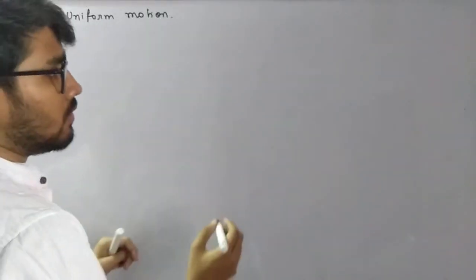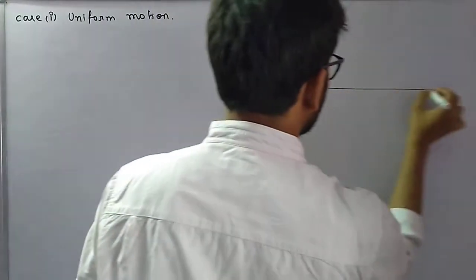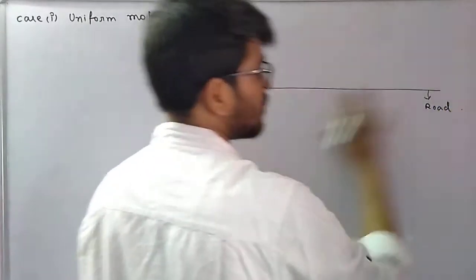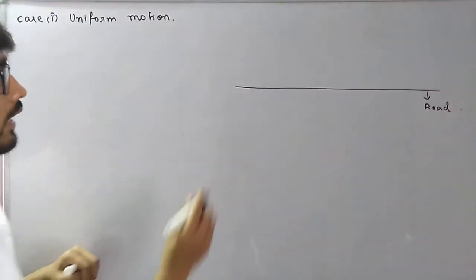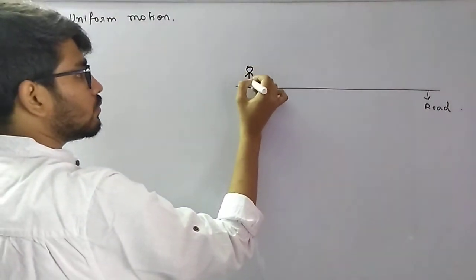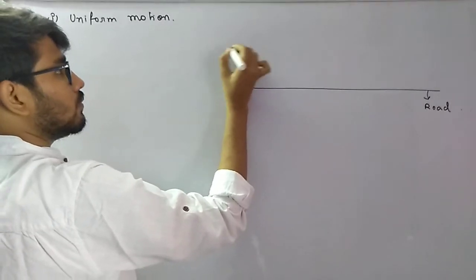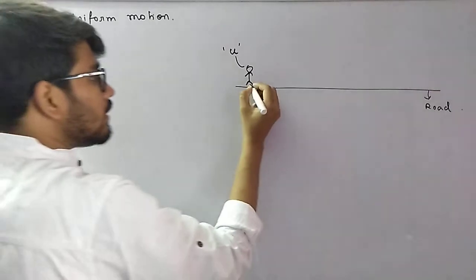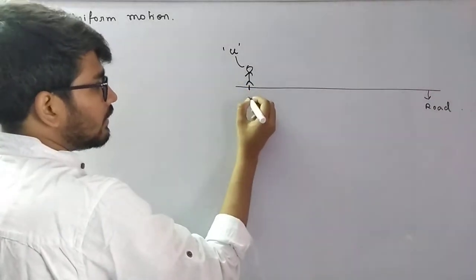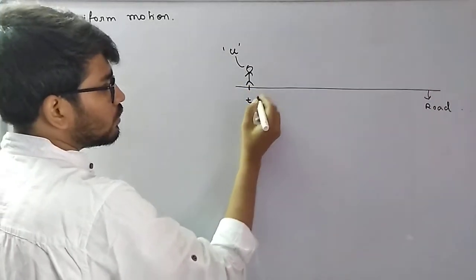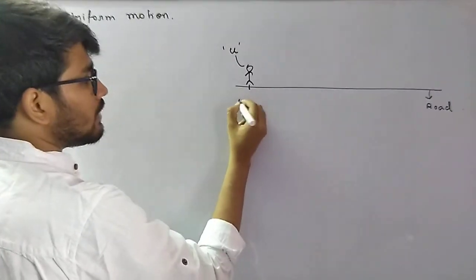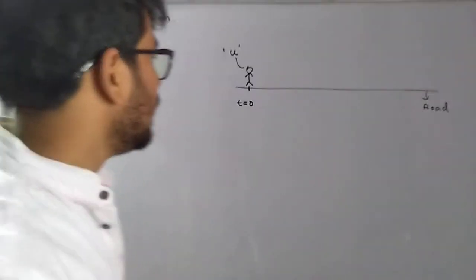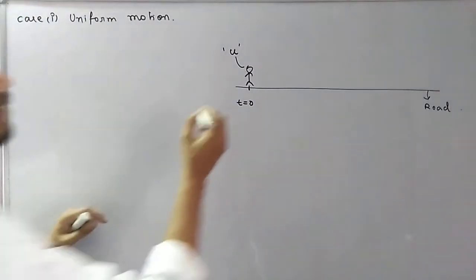Let's see. Suppose this is our simple plain, flat, straight road, and this is U. Initially at t equals 0, he took a stopwatch with him, and then he started moving.